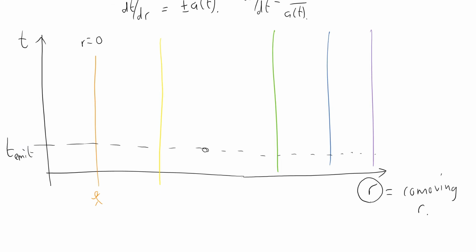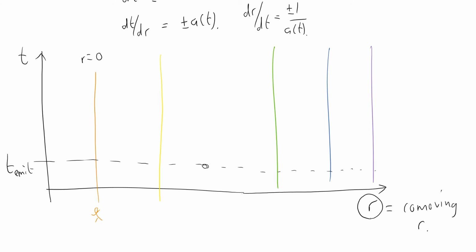Now, because of this rule here, dt by dr equals plus or minus A of t, I'm going to choose A of t emit to be equal to 1, just by choice of unit. And so the slope of this line, I'll do it in red, is 45 degrees here.